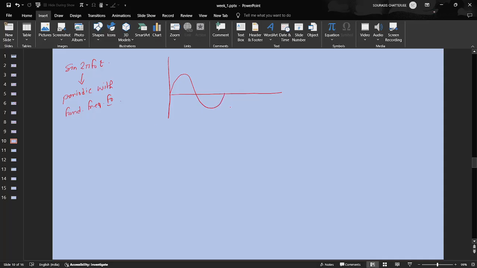So this is 0 here, and this is the period, so we are considering the integral over one period. This can be said as 1 over f, and this here is 1 over 2f.